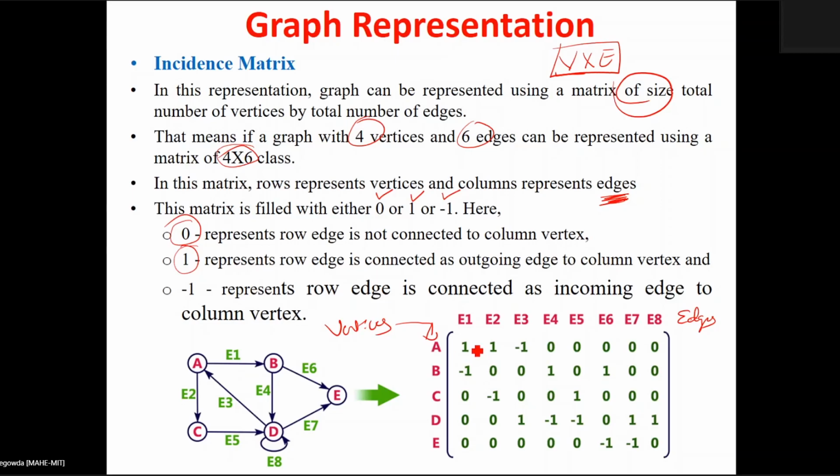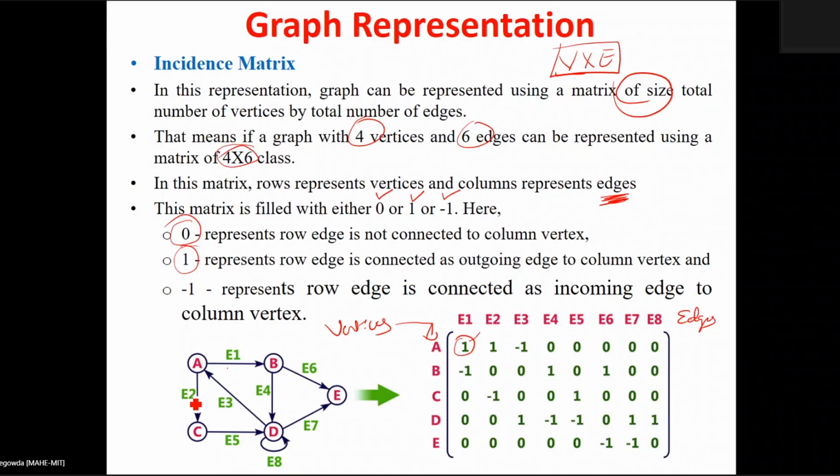So I want to find E1. The first element, in the first row and first column, is 1. What exactly does it represent? It represents whether it is an incoming edge or an outgoing edge. This is the edge which originated from A. Here it is an outgoing edge, so it is represented as 1.